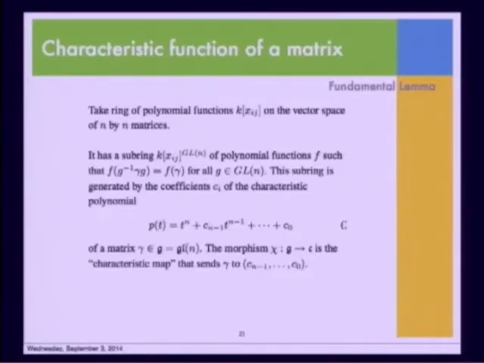And I want to think of the characteristic polynomial of a matrix as a map from the matrix to the collection of coefficients of the matrix. So I'm going to forget about the polynomial and just look at the coefficients of the polynomial. And in that way, I formulate it as a morphism from the Lie algebra, in this case, Lie algebra of GLN, into the collection of coefficients, which will be an affine space.